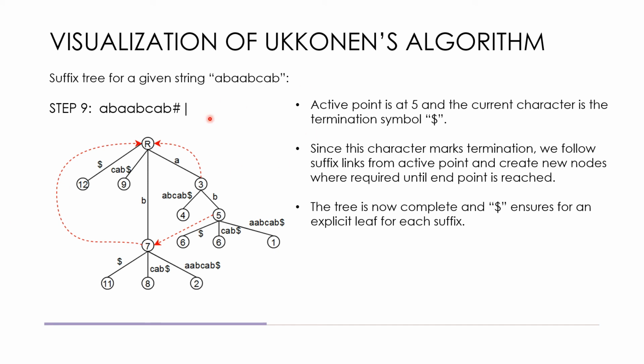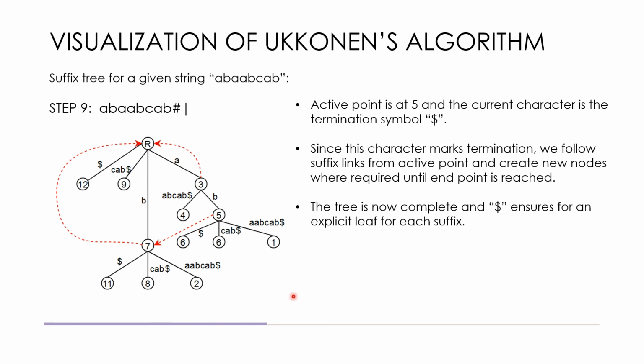Since there are no characters left to be read other than the termination symbol, and we know that this is a unique character, or a character outside the string's alphabet, we have to follow the suffix links from the active point and create new nodes until we arrive at an endpoint that is located at the root.